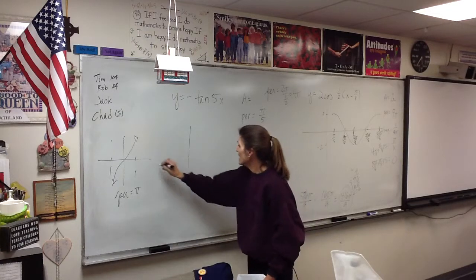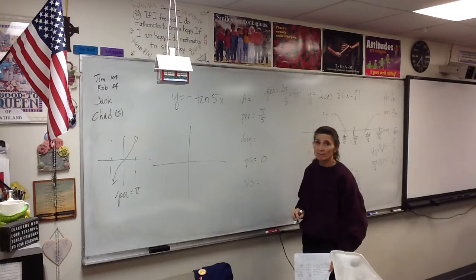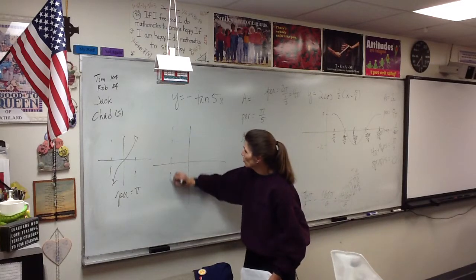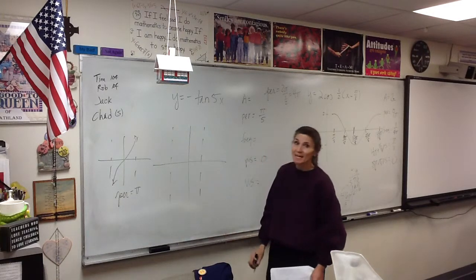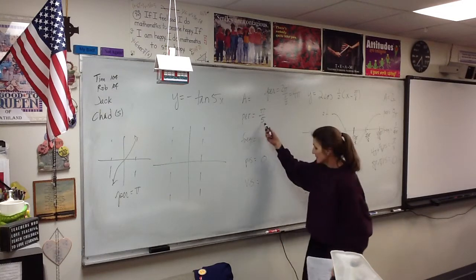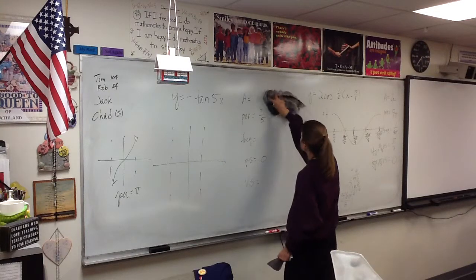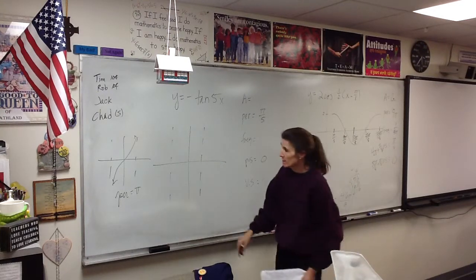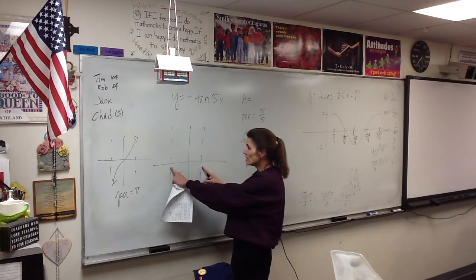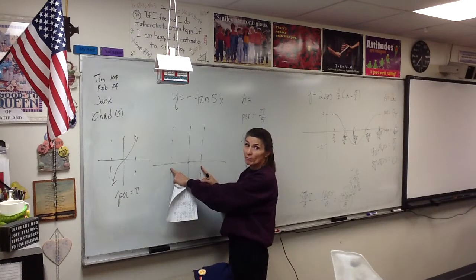So we have a tangent curve with no phase shift, so it's going to be situated on the origin just like tangent curves are, but its period is pi over 5. That means, now use your heads, from here to here, this is the origin right there, from here to here is pi over 5.